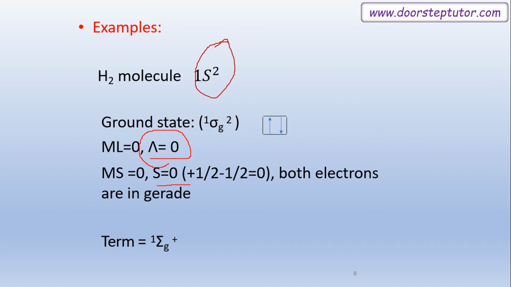So 2 into S plus 1 means 2 into 0 plus 1, that is equal to 1. Therefore, students, the spin multiplicity value will be 1 and the term symbol will be sigma.